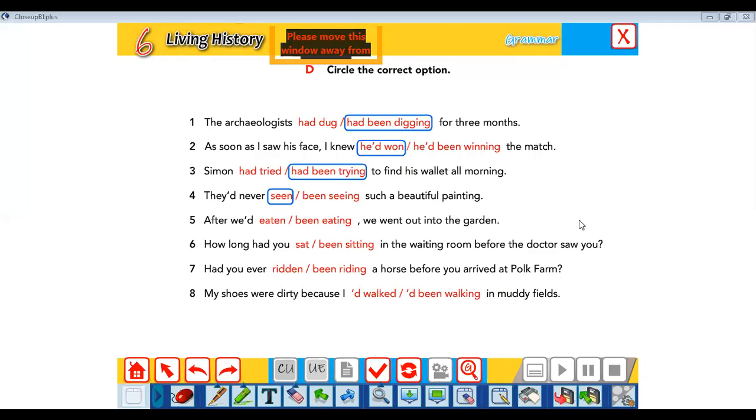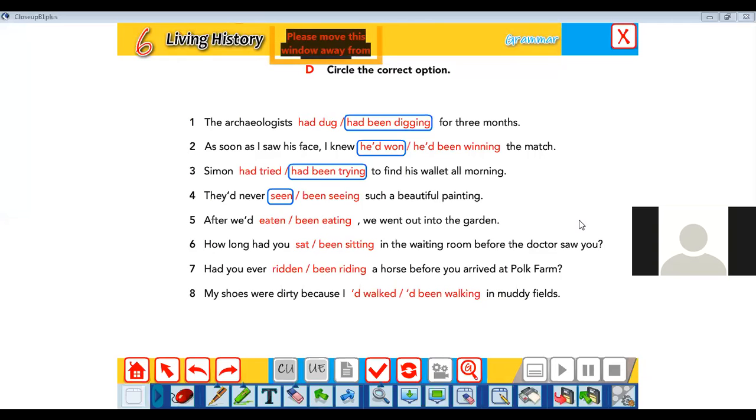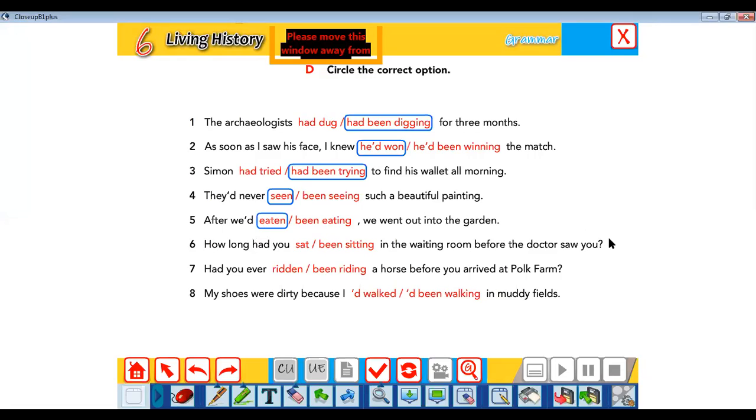Have you found any duration here? Duration, I mean a period of time. No. It's okay. If you don't find a duration, you'll use the past perfect simple here. So it will be after weed, we had eaten. Eaten. Very good. Okay, number 6.